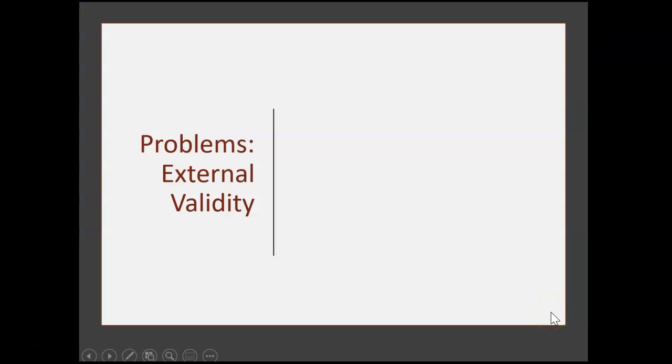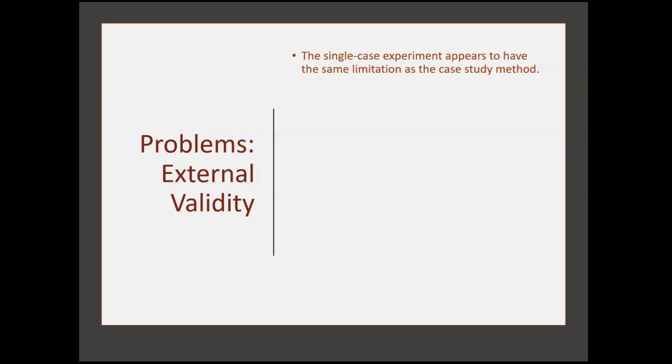Now, there are some problems with these small n single case designs in terms of generalizing the findings beyond the single cases that you're looking at. Obviously, they're powerful techniques in terms of being able to demonstrate the impact of a manipulation on an individual person's behavior. However, you have the same problems with these single case experiments that you do with case studies.